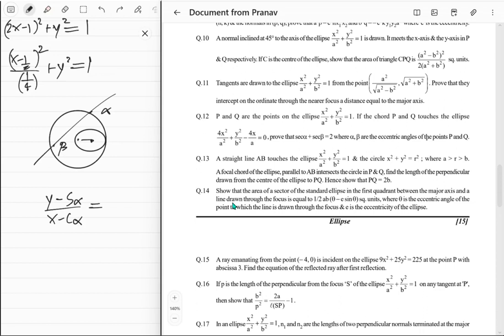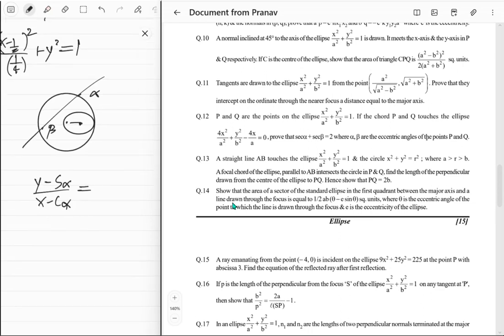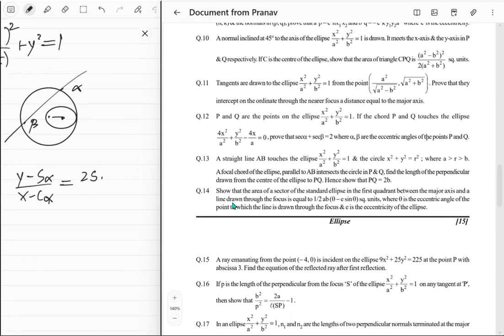Okay, so y minus sine alpha upon x minus cosine alpha is equal to, it's supposed to be 2 sine of the difference, which is alpha minus beta upon 2, and then sine of the sum, alpha plus beta upon 2.